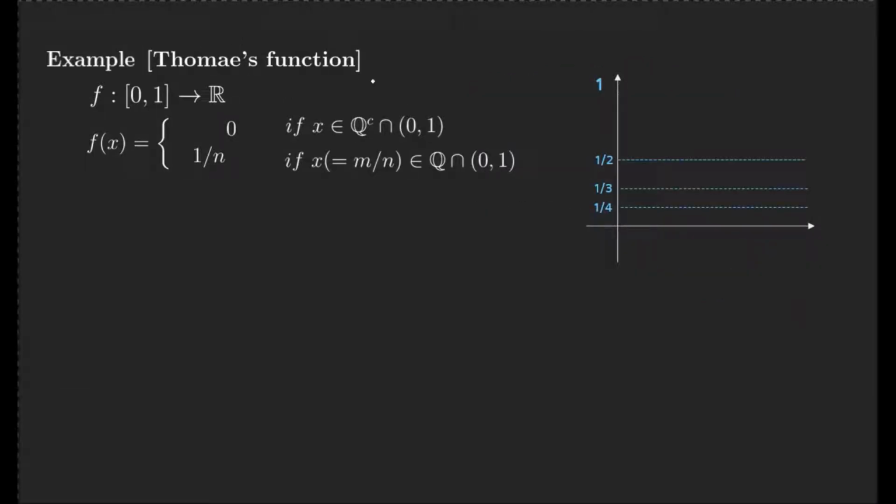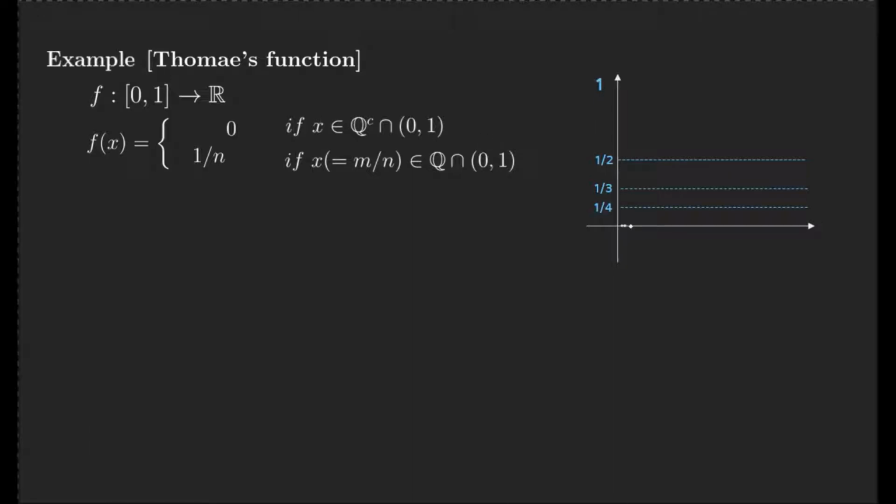Another example I want to discuss is a domain function. This function is given from here. First, the easy point is that every irrational number maps to 0, because the irrational numbers are non-denumerable.